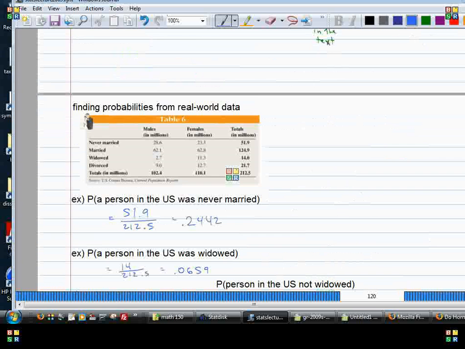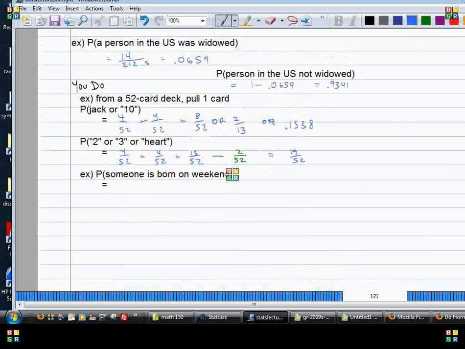Now, when we work on this problem, we say, what's the probability of pulling a 2? There's 4 2's, so it's 4 out of 52. Probability of pulling a 3, there's 4 3's, so it's 4 out of 52. Probability of pulling a heart, there's 13 of them, so it's 13 out of 52. But what's the problem? We double counted some cards. Which cards got double counted? The 2 of hearts and the 3 of hearts.